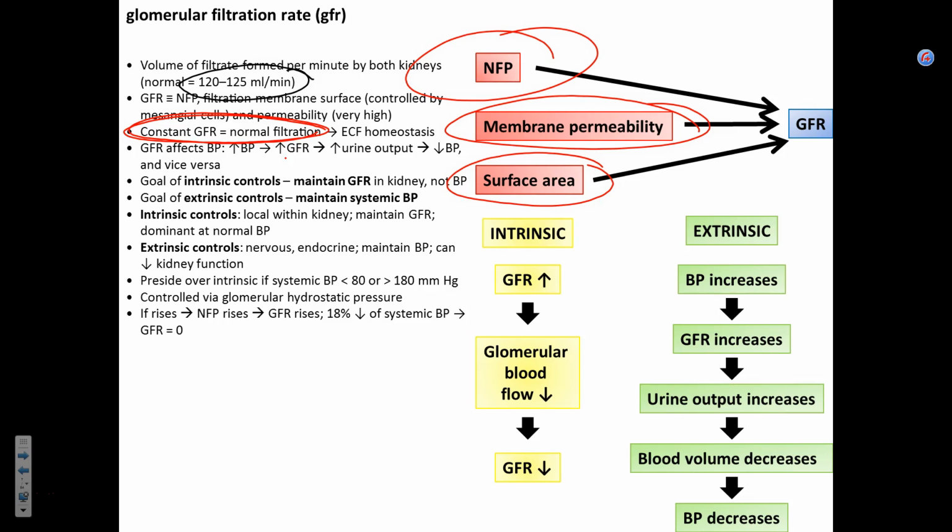It means that water is retained the way it should, ion concentrations are maintained the way they should be, necessary wastes are eliminated, so on and so forth. Does that make sense? So kidneys, the intrinsic controls are oriented at the maintenance of GFR. Now, extrinsic controls, as usual, are focused on the maintenance of systemic blood pressure.